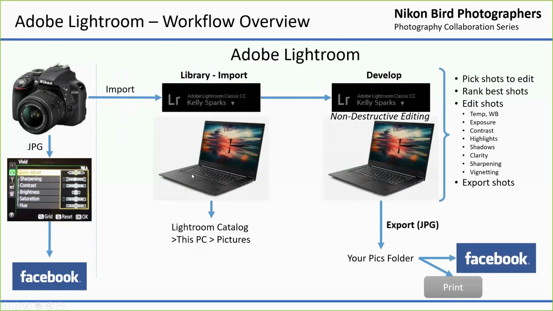In this workflow overview, we'll walk around Lightroom and I'll show you the different modules, then we'll go from the import process over to the develop process, and then show you a bunch of edits and export a couple of files.